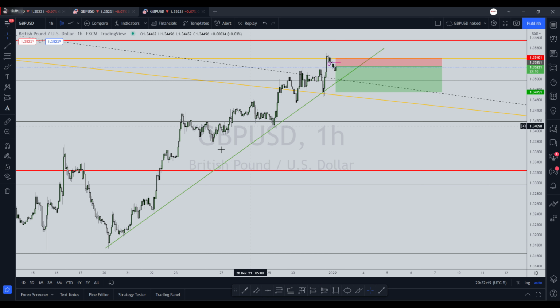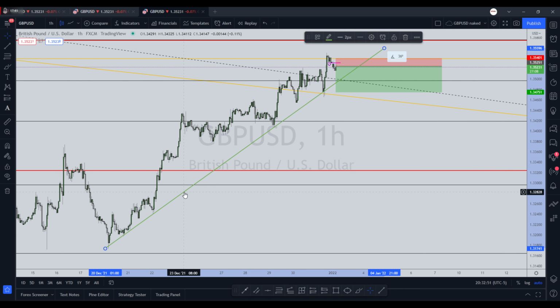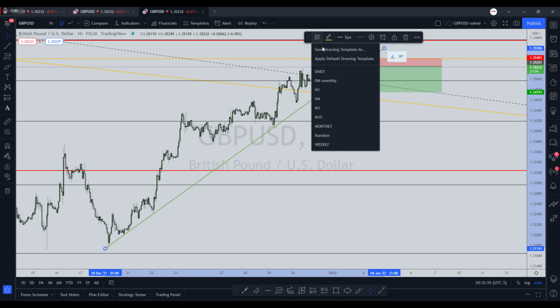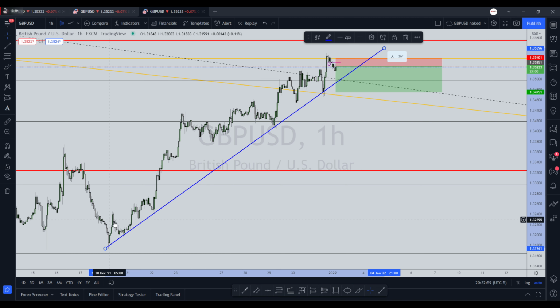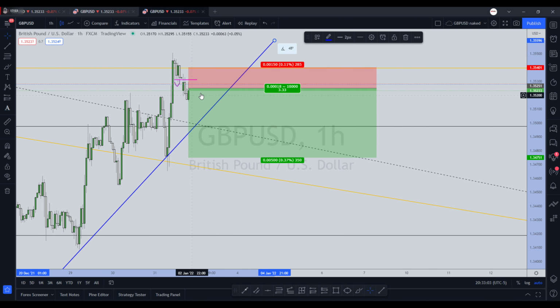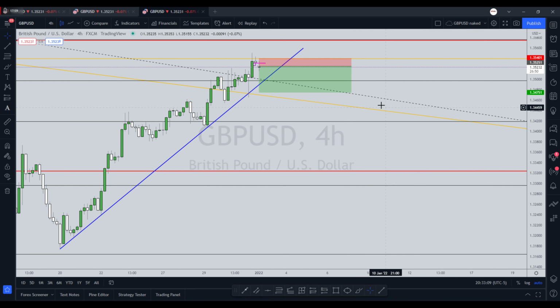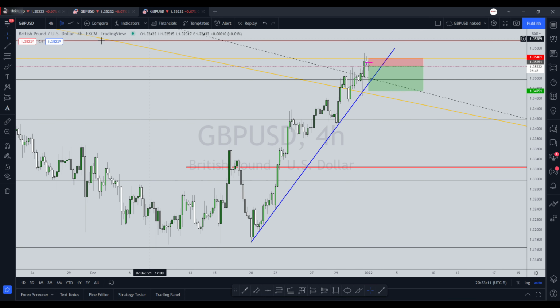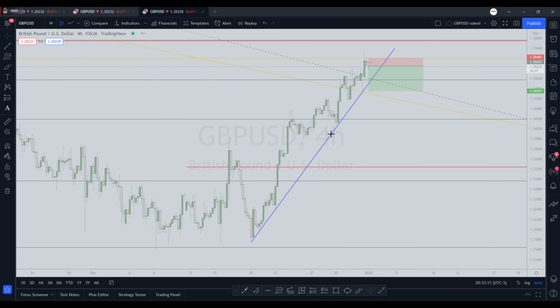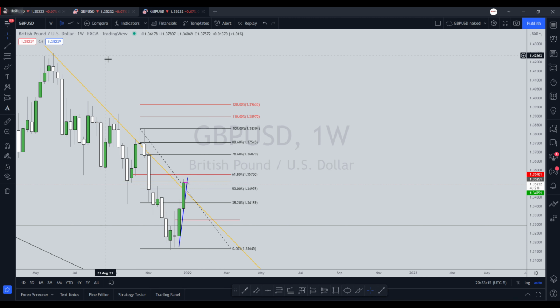But as we can see on the H1, the trend line hasn't been broken yet. But we only took that sell based off where the market was on the weekly time frame.